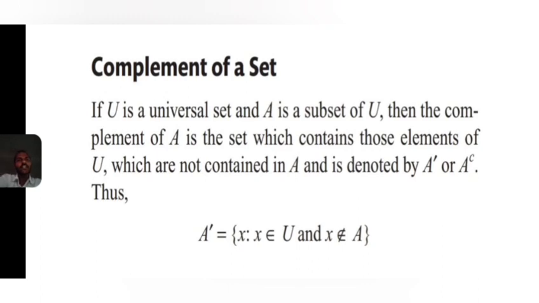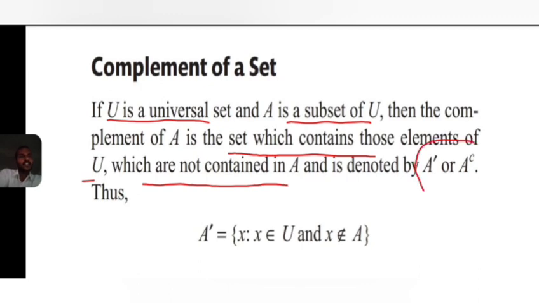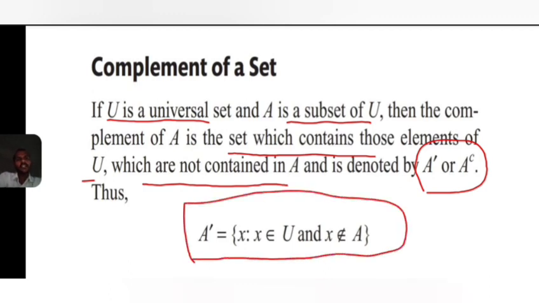If U is the universal set and A is a subset of U, then the complement of A is a set which contains those elements of U which are not contained in A, and it is denoted by A dash or A to the power C. Thus A dash, the complement of set A, equals {X such that X belongs to U and X does not belong to A}.